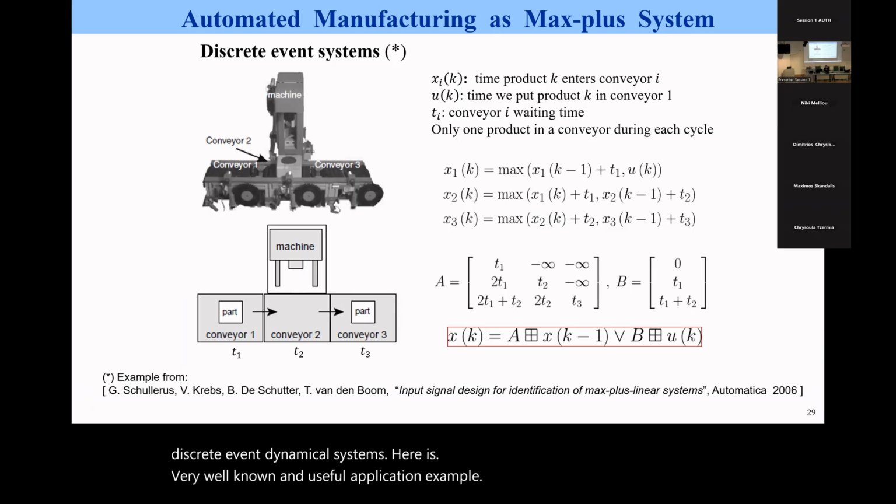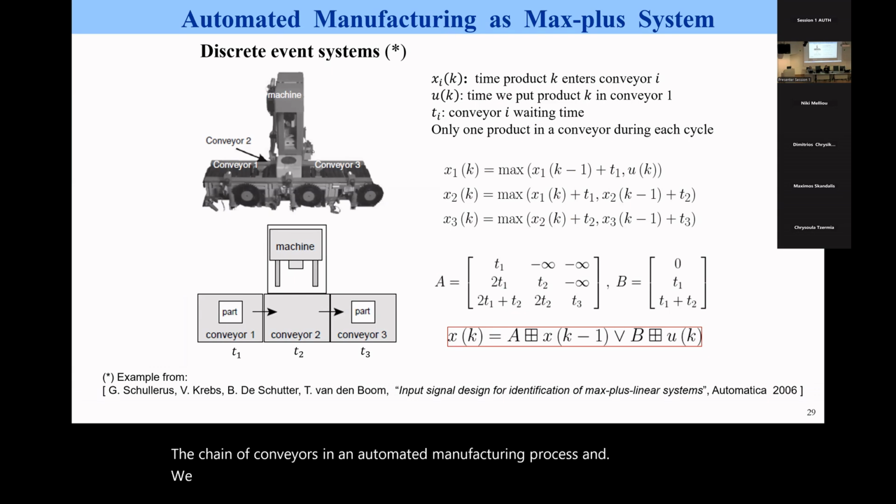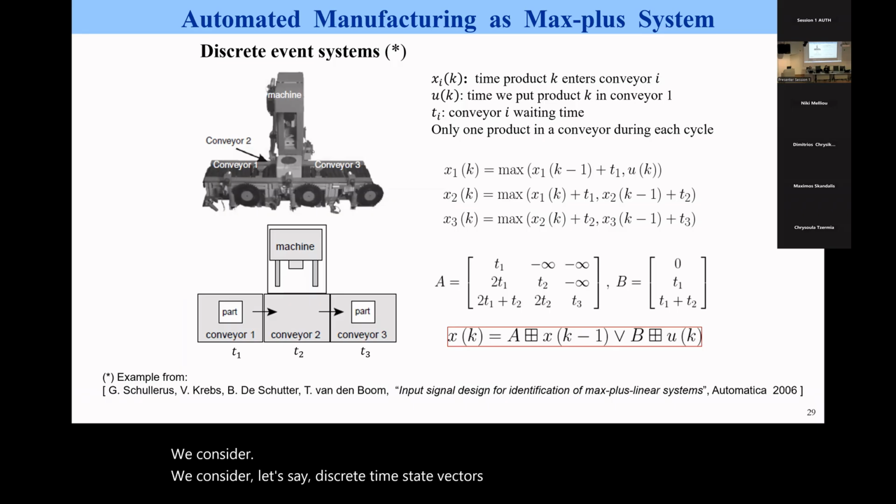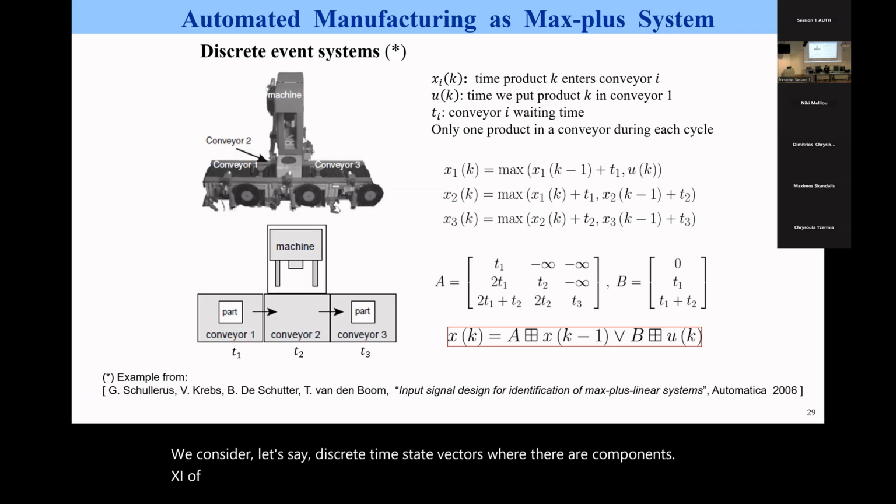Suppose we have, let's say, a chain of conveyors in an automated manufacturing process, and we consider discrete time state vectors where the components x_i of k denote the time that the product k enters the ith conveyor.